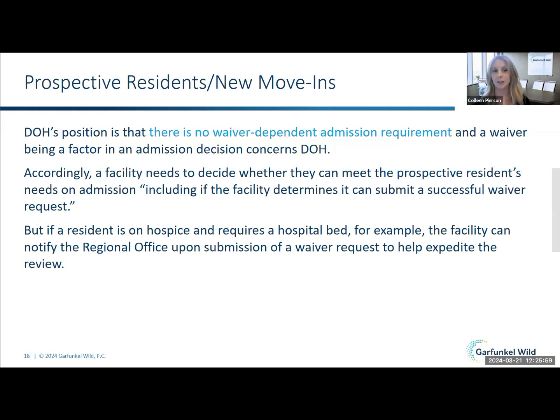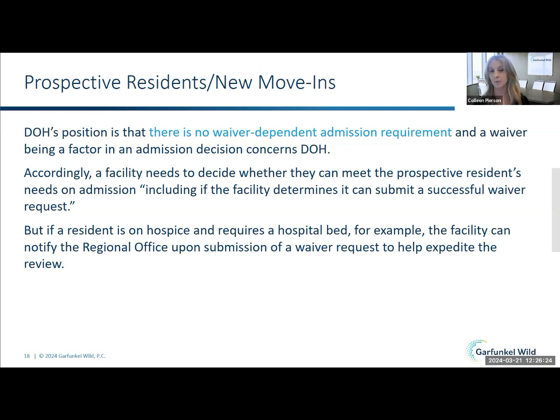As I mentioned earlier, however, if there's a resident who urgently needs medical equipment, a resident who's on hospice and requires a hospital bed, for example, you can notify the regional office upon your submission of a waiver request to help expedite the review. In practice, whether or not the department will actually expedite the waiver request is yet to be seen.